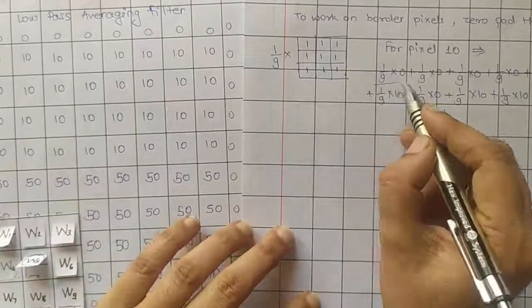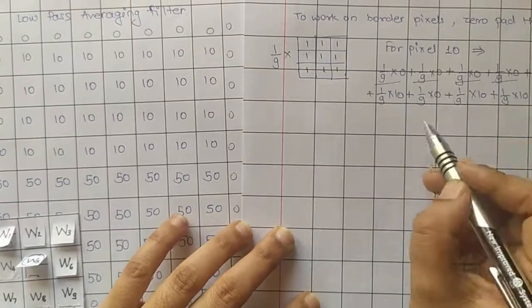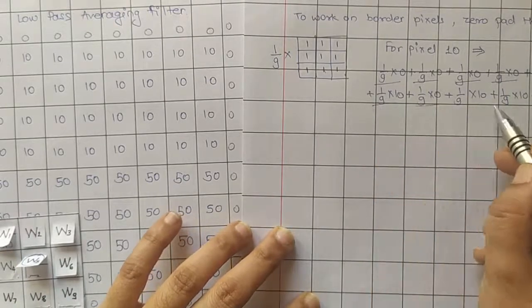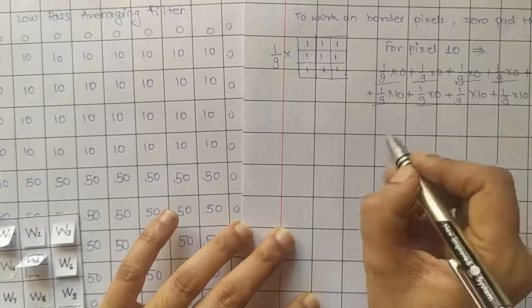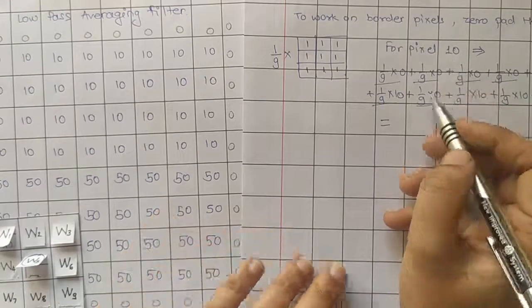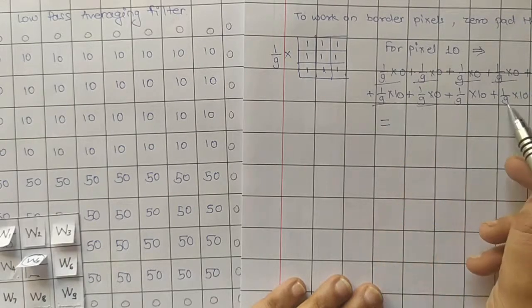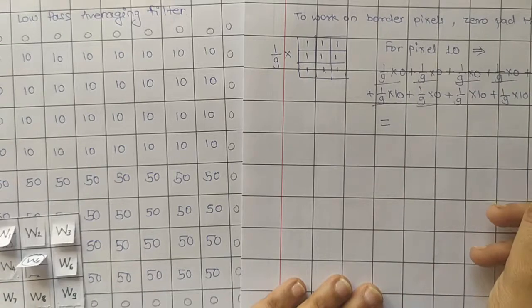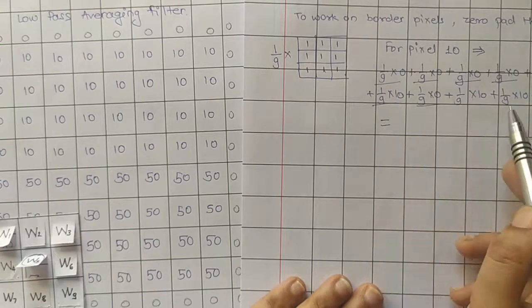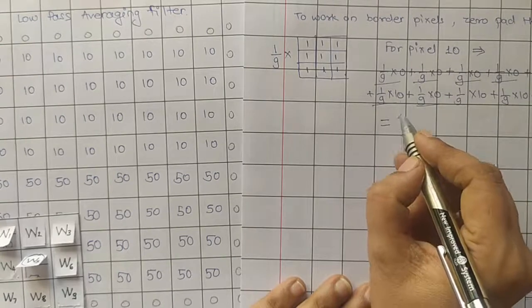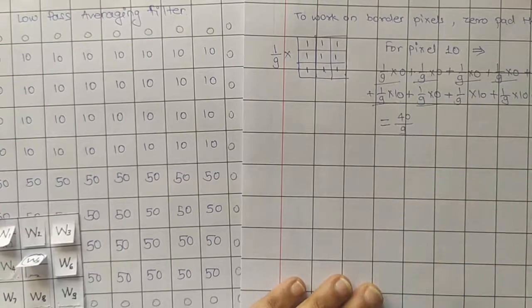The zero terms vanish, so the modified value for pixel 10 will be 10 by 9 plus 10 by 9 plus 10 by 9 plus 10 by 9 and so on.